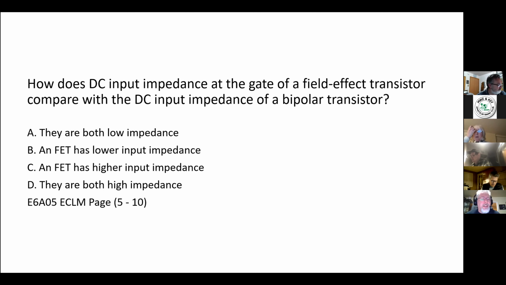B, an FET has lower input impedance. Or C, an FET has higher input impedance. Or D, they are both high impedance? Charlie is correct, an FET has higher input impedance.